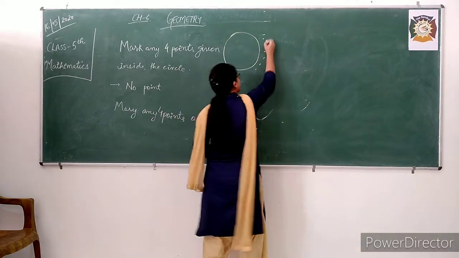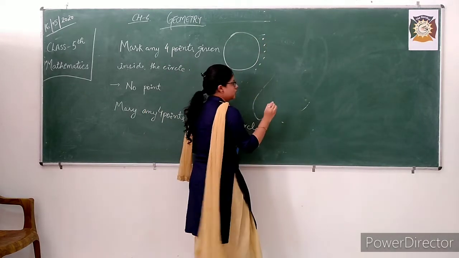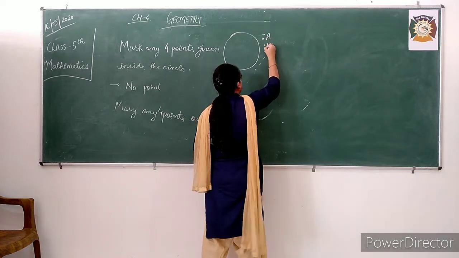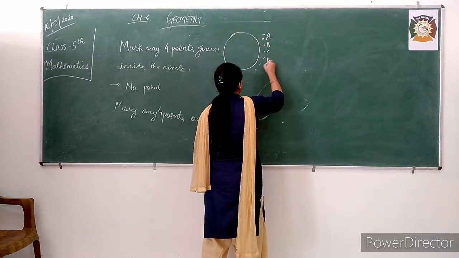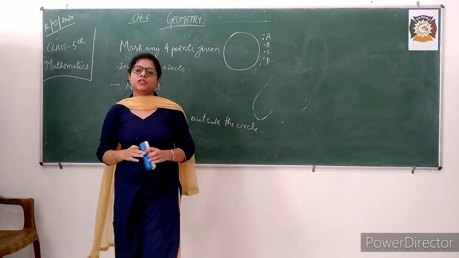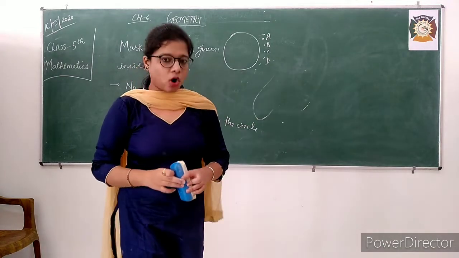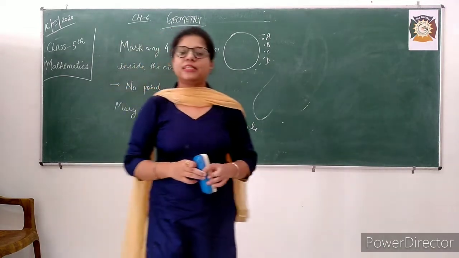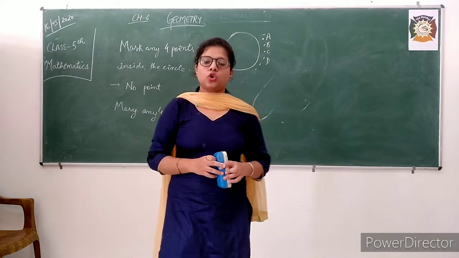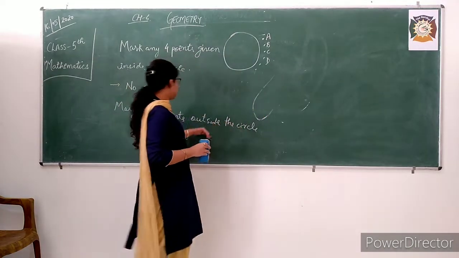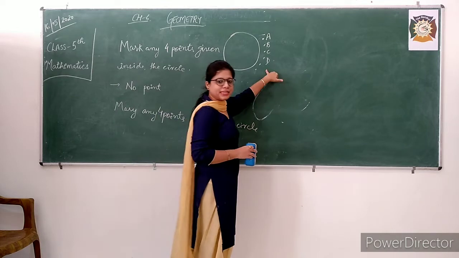So you can have any 4 with the capital letters: A, B, C. Remember students, points are denoted by dots and they are labeled with the capital letter. So we can mark any 4 points with capital letter.